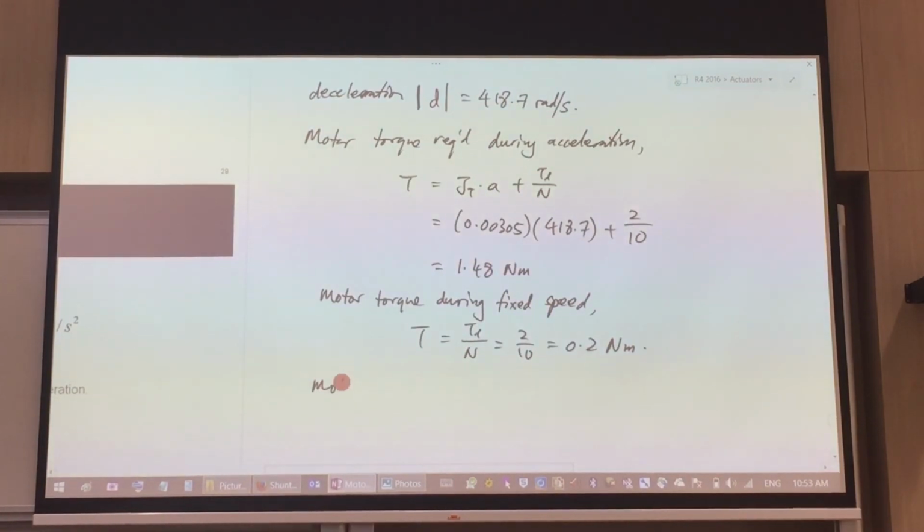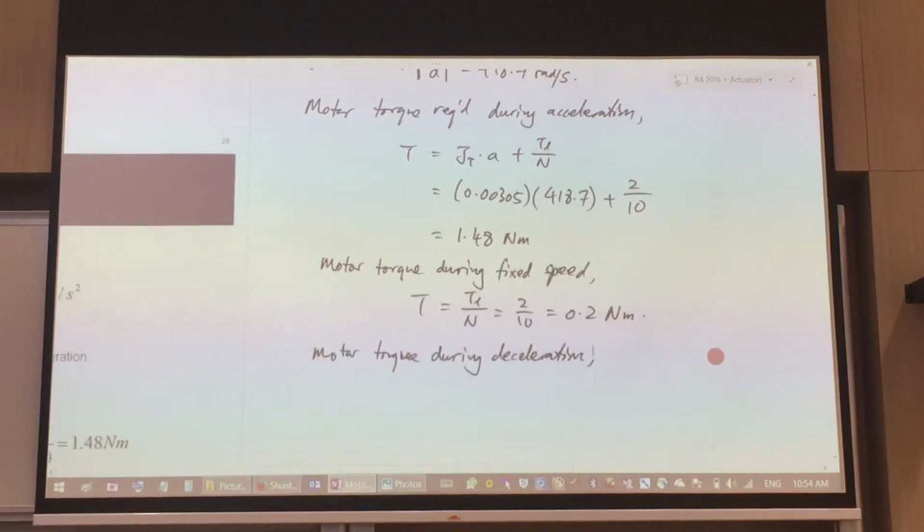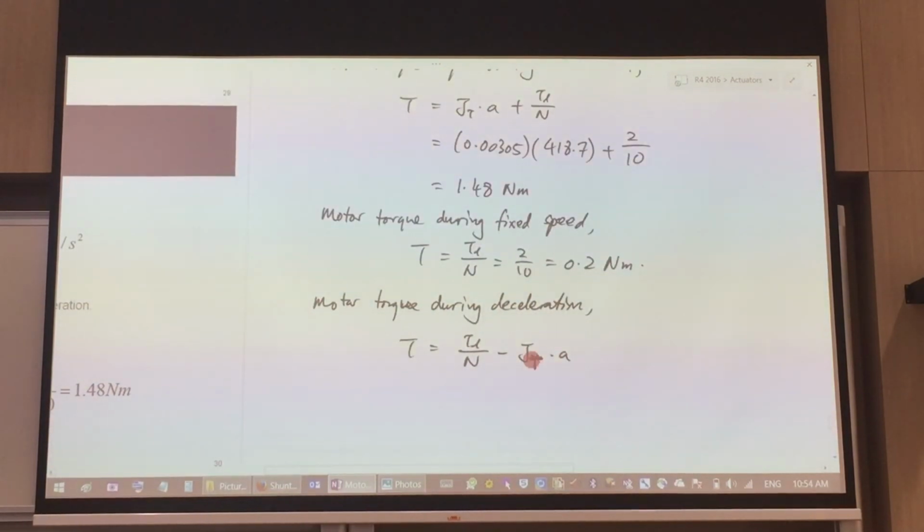So motor torque during deceleration, T equal to T_L over n minus J_T multiplied by acceleration.